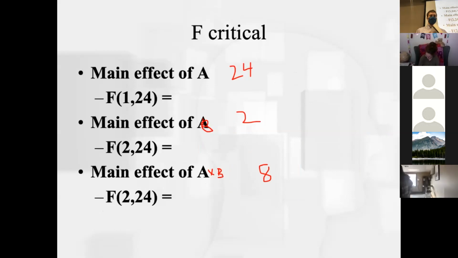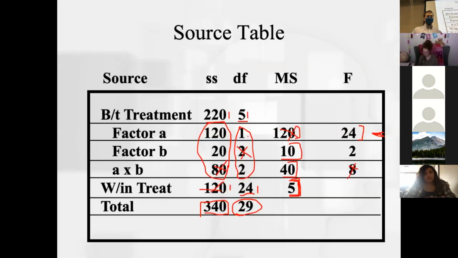So we go to the back of the book. I am once again in Appendix B, and I am in the F table. So you'll notice we have these 2 degrees of freedom once again. It's always going to be degrees of freedom numerator divided by degrees of freedom denominator. If I have factor A, to get that F value, it's mean squares factor A divided by mean squares within treatment.